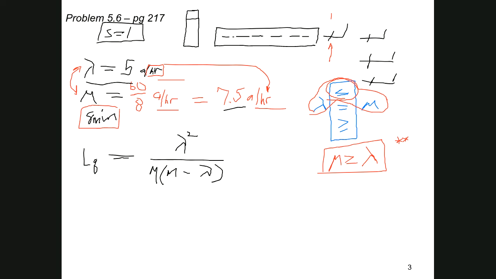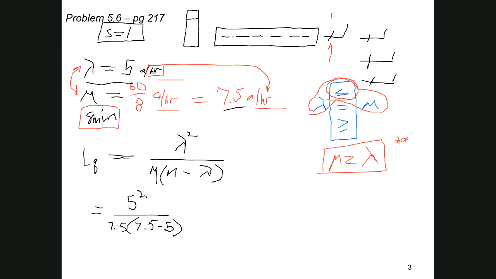And so now we're just going to take our information that we have from above, substitute in, and do the calculations. So lambda squared is 5 squared. The denominator is mu, 7.5, times 7.5 minus 5, mu minus lambda.